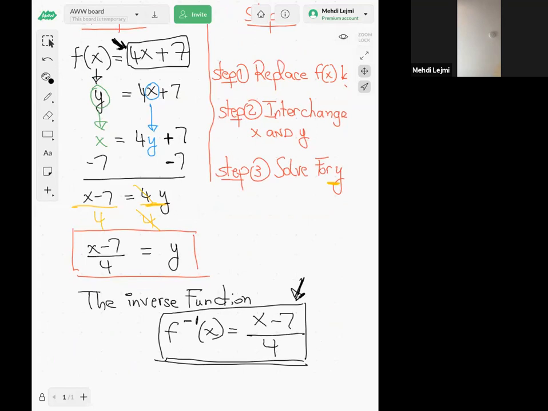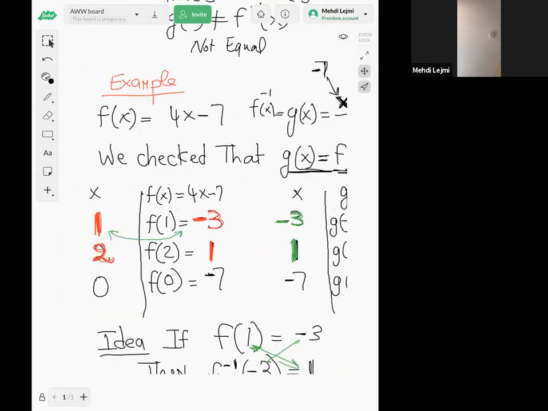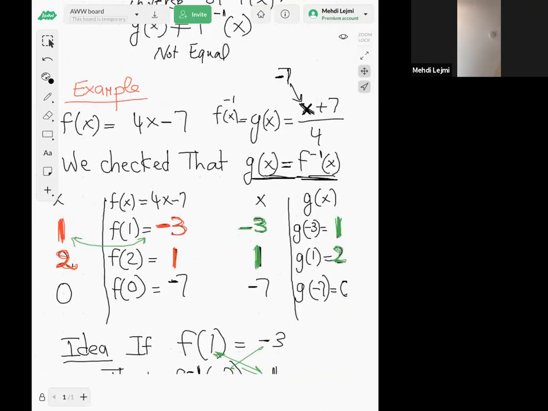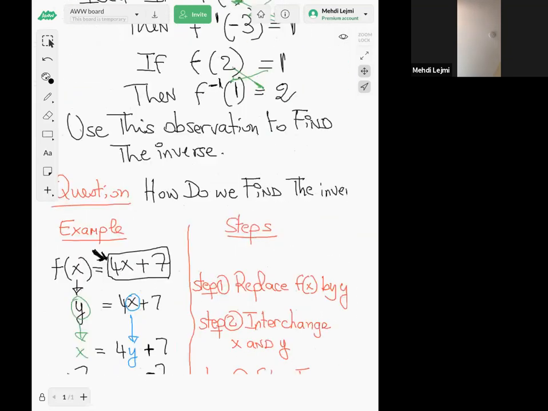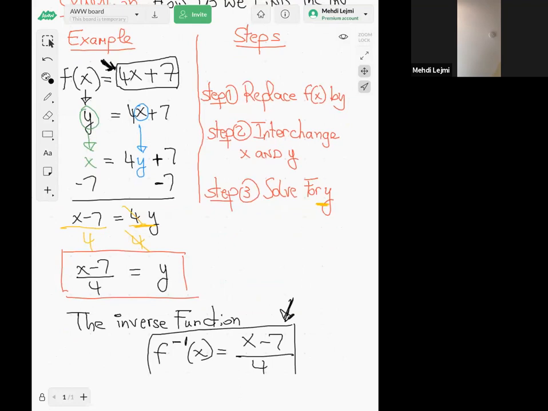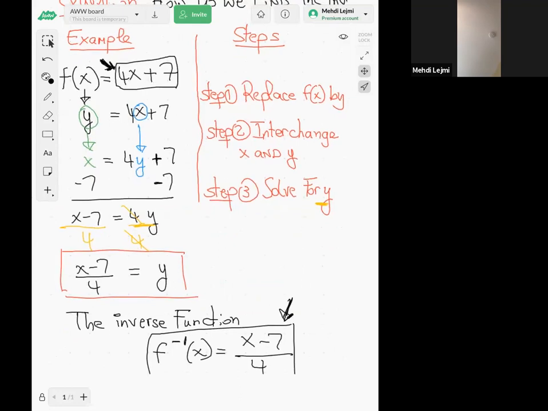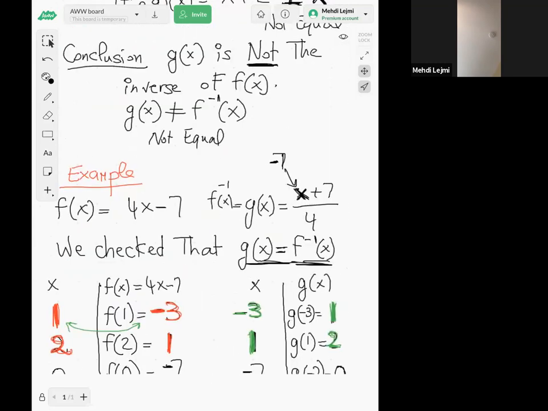So you're saying, is that 4x minus 4 over 3? I hope it's this one here. Go up.